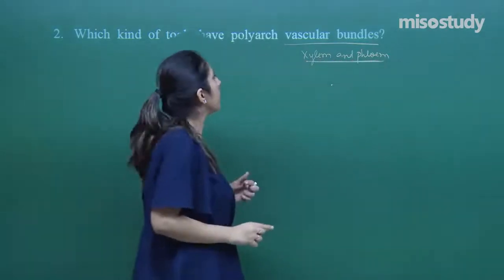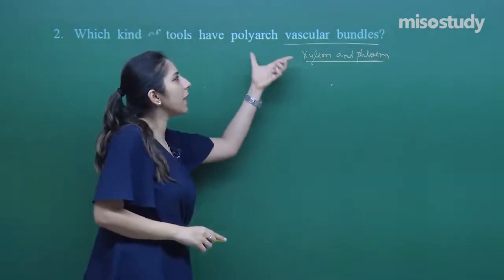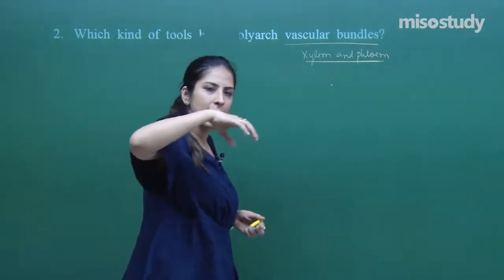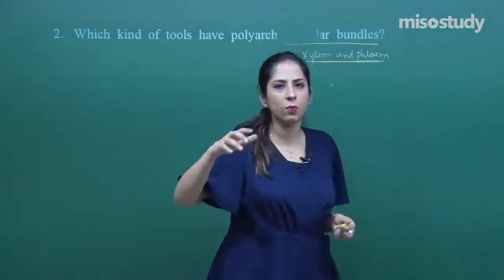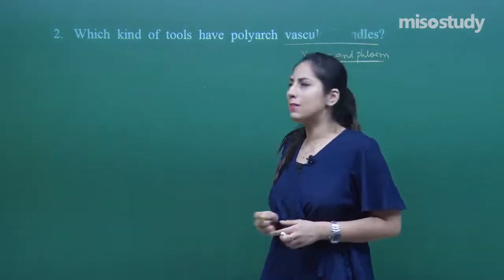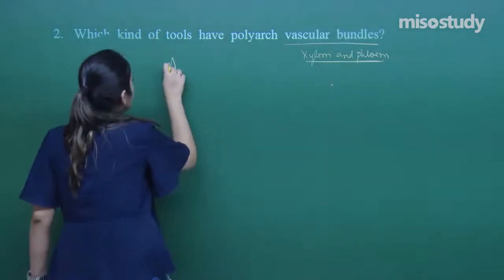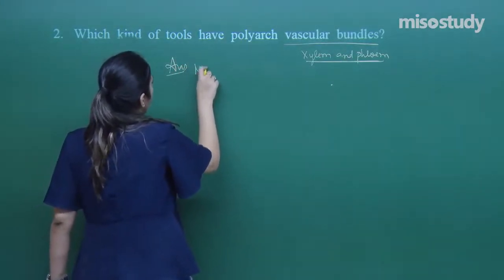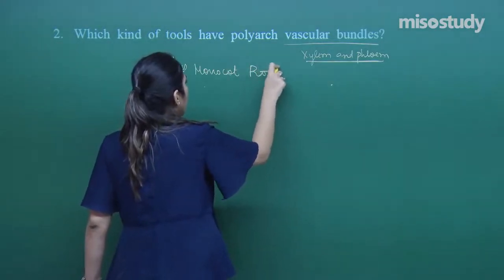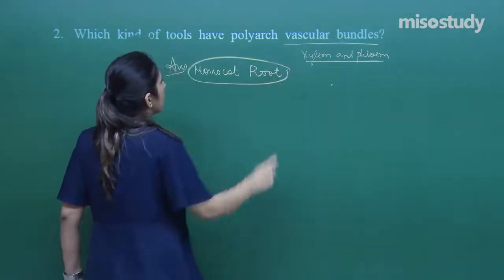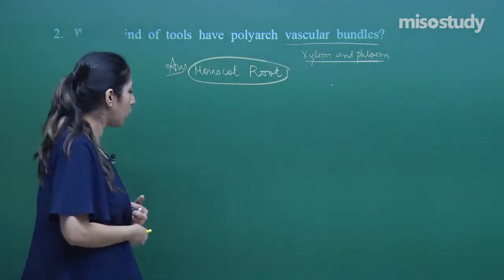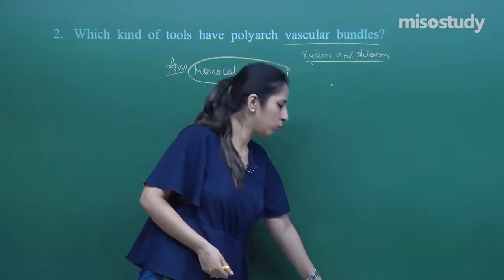Polyarch means many vascular bundles, very beautifully arranged around the pith. Such a condition is seen in the root, and the answer is the monocot root. Right, students? So the correct option for question number 2 is the monocot root, or monocotyledonous root.